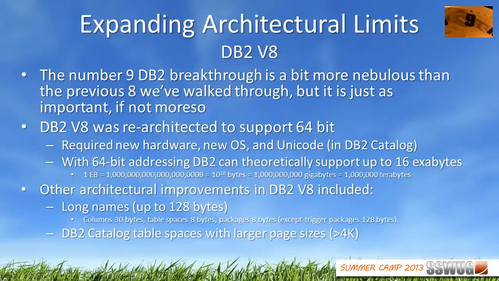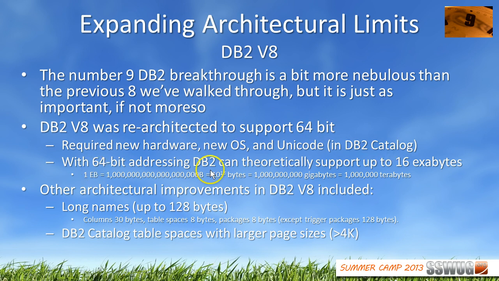Version 8 is a big breakthrough, number 9, in terms of the architectural limits it broke through. It was perhaps the biggest impact ever on DB2 because it was re-architected to support 64-bit architecture instead of the earlier 31-bit. This required new hardware, a new operating system, Unicode supported in the catalog.